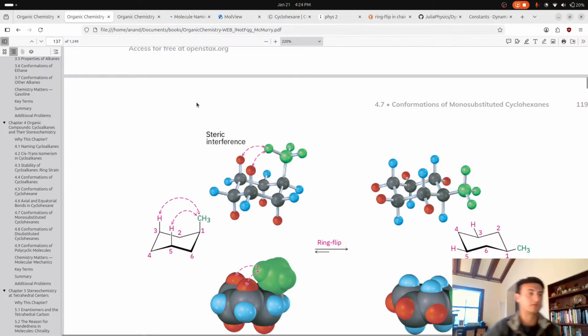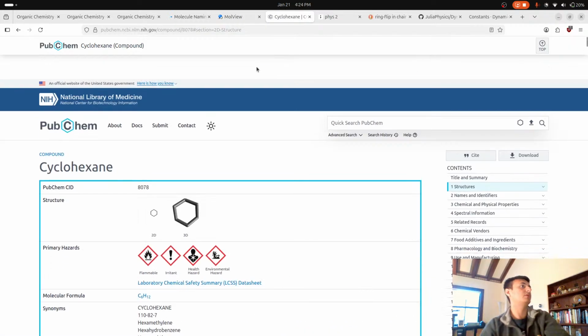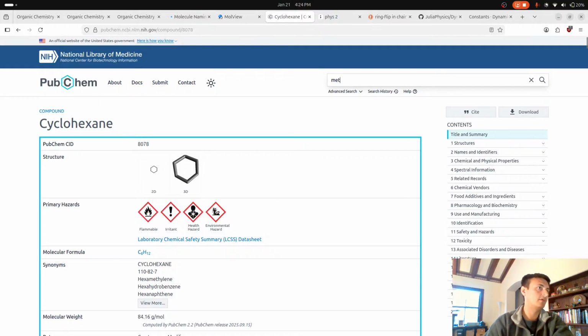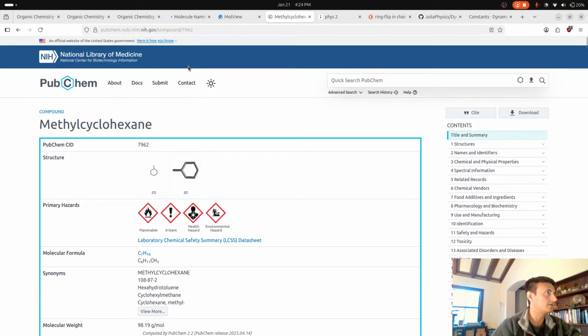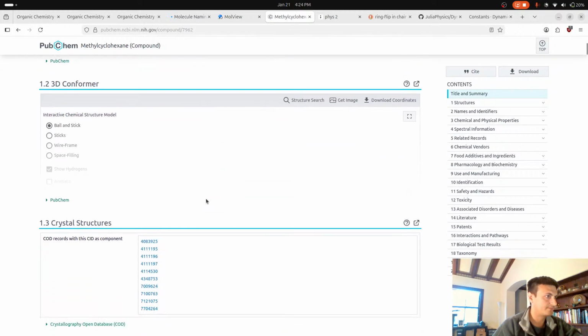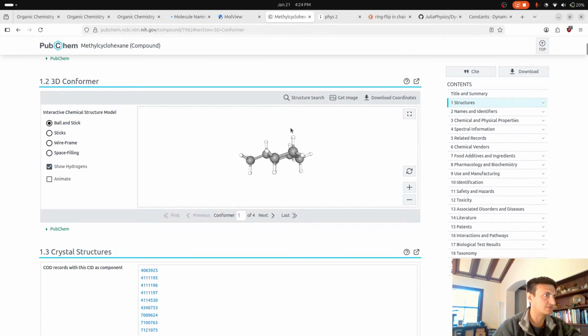Okay, that was weird. If we look up methyl cyclohexane, I just wonder if it's going to be in the equatorial or the... Yeah, so it's showing it equatorial. But, you know, it could be axial.